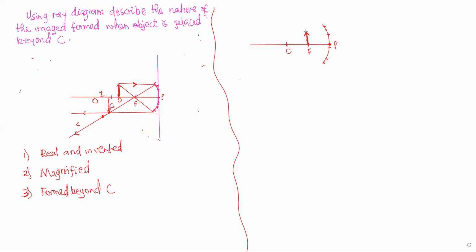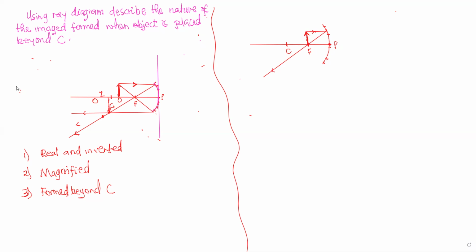A ray of light which is parallel to the principal axis after reflection must pass through F. Incident, reflection. That's 1. 2.